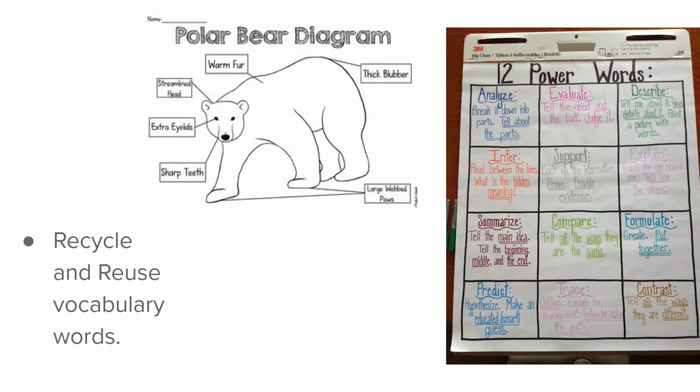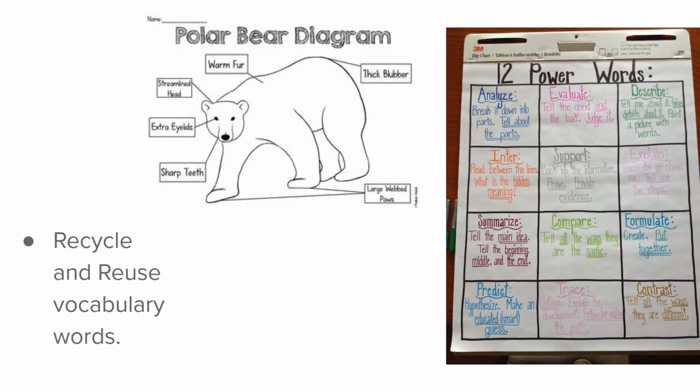Okay, another way to improve comprehension in your classroom is to recycle and to reuse vocabulary words. This is a diagram of a polar bear, and an example that I pulled from here is a student learning the word fur, and then a student being able to use that vocabulary word and apply it to other situations.